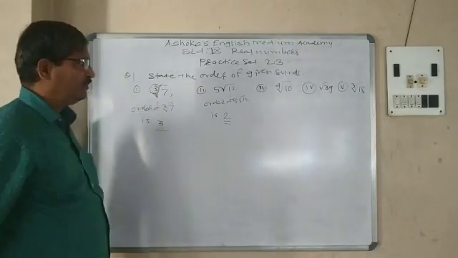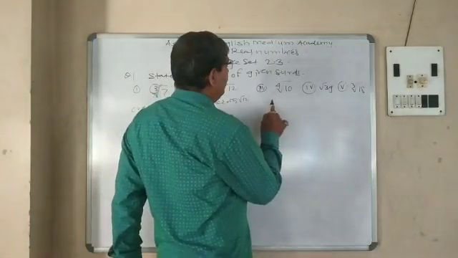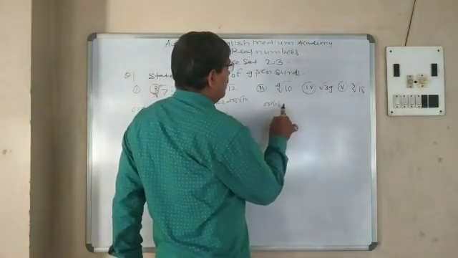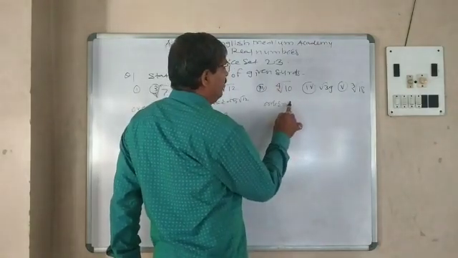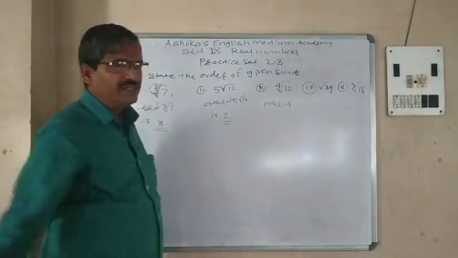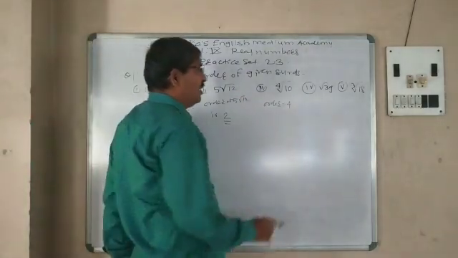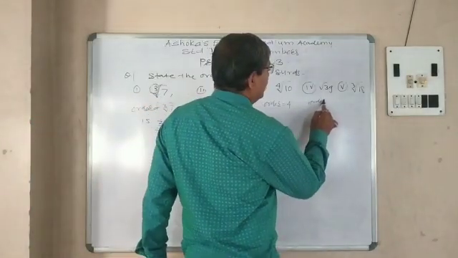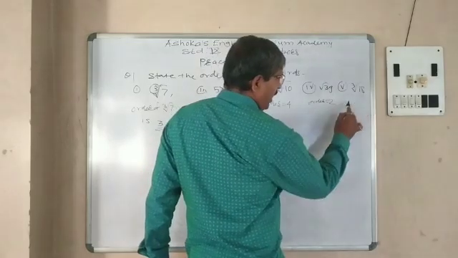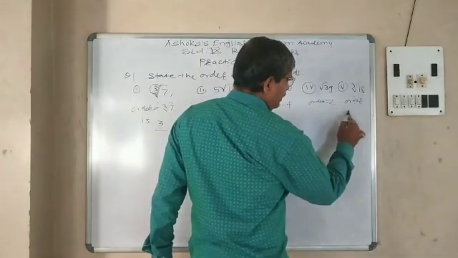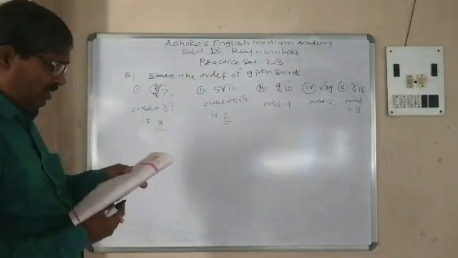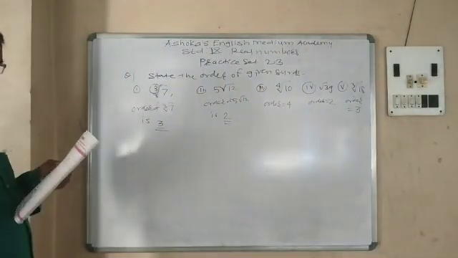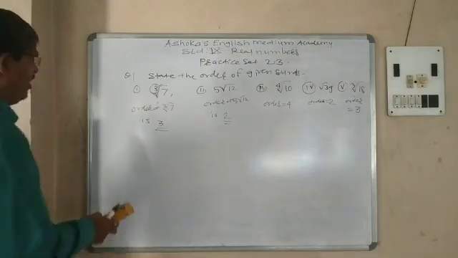Here 4 is given in the radical sign, so that is called order 4. Here the order is 2 and here the order is 3, okay, understand? Now state which of the following are surds, justify.